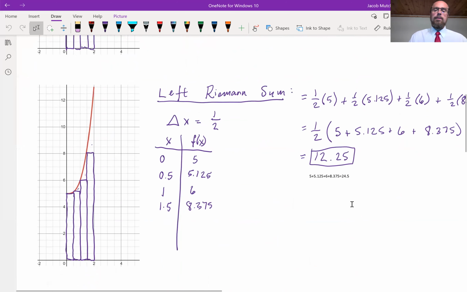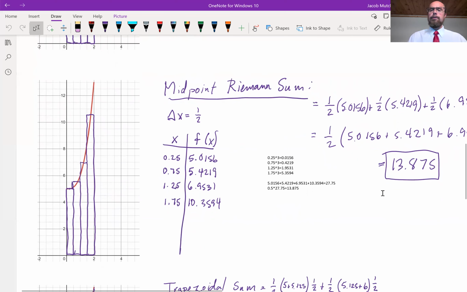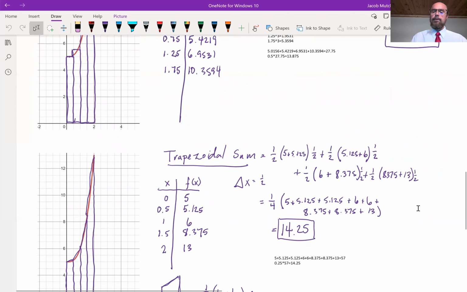The left Riemann sum is clearly an underestimate. We saw it when we were drawing the rectangles: there's empty space underneath the curve, between the curve and the rectangles. So 12.25 is 1.75 lower than the actual area. The midpoint Riemann sum was really close to the actual area, 13.875, just 0.125 away from the actual value.